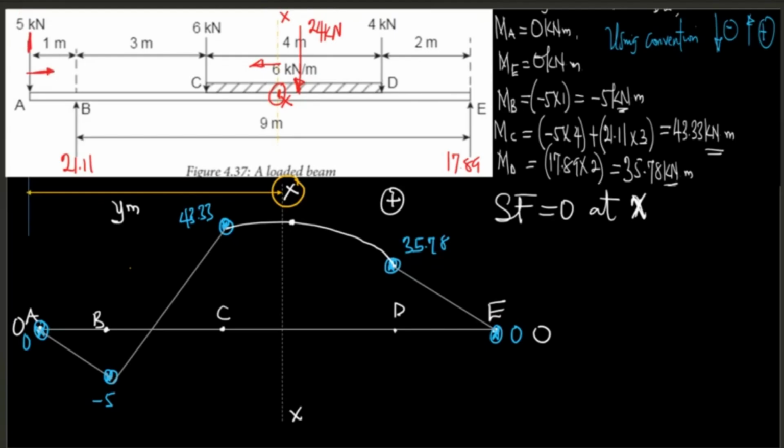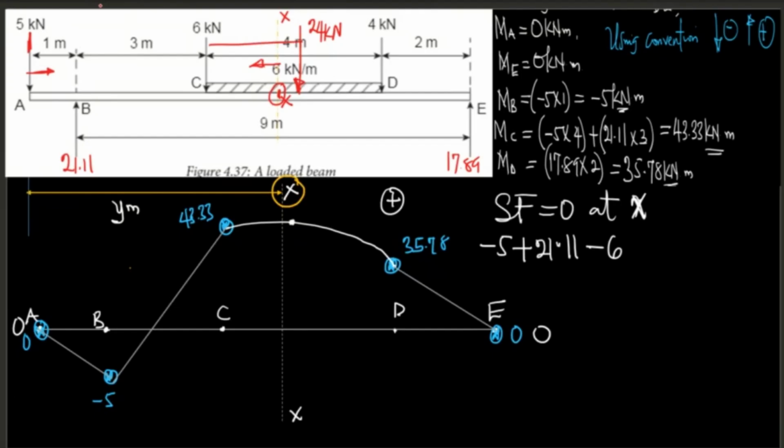So you're now going to write this as: the first one is 5 kilonewton, because it's facing down, it is -5, plus there is another force facing up there, which is 21.11. There is another force facing down there, which is going to be -6. And then now I want you to look at this place.